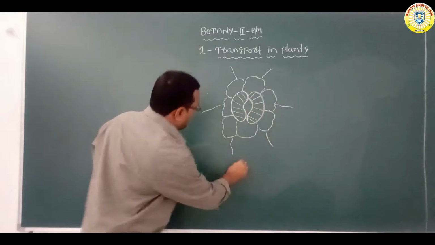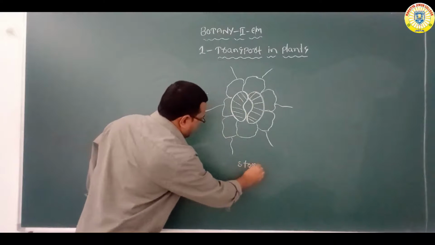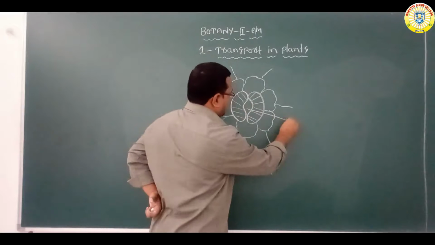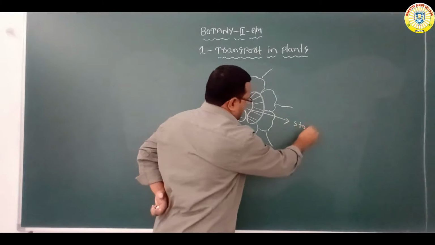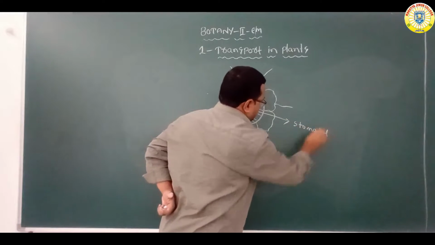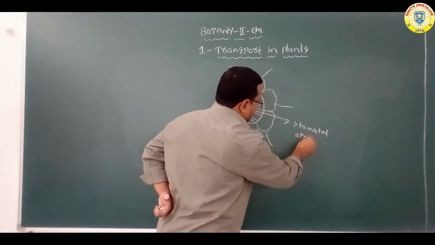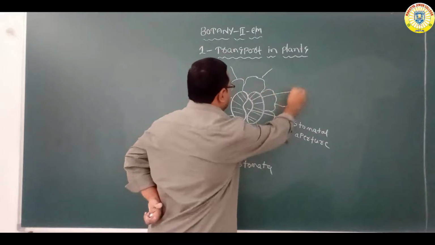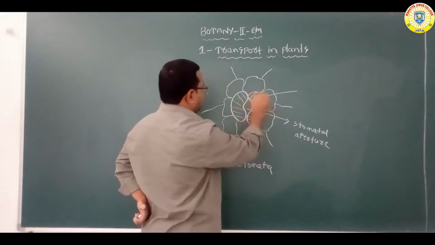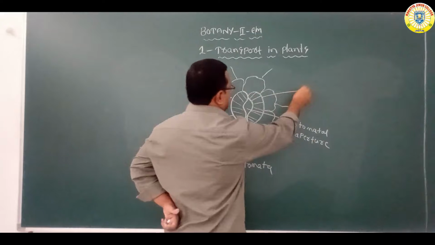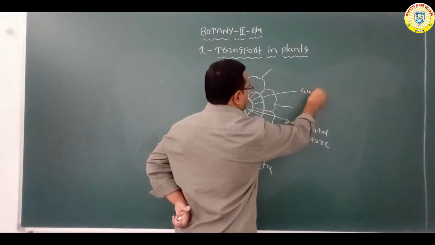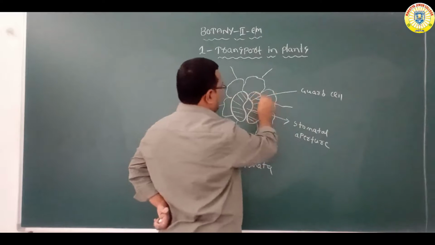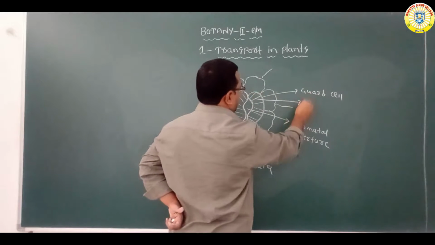This is the structure of stomata. This is the stomatal aperture. These two are the guard cells. In the middle, microfibrils are there.